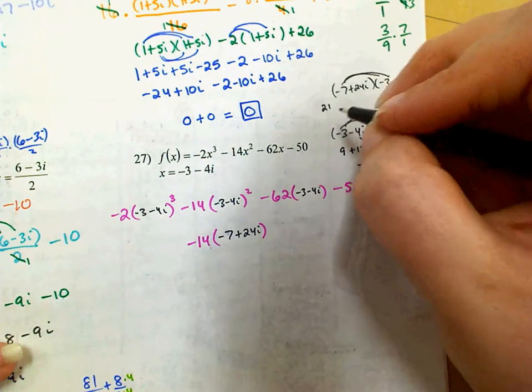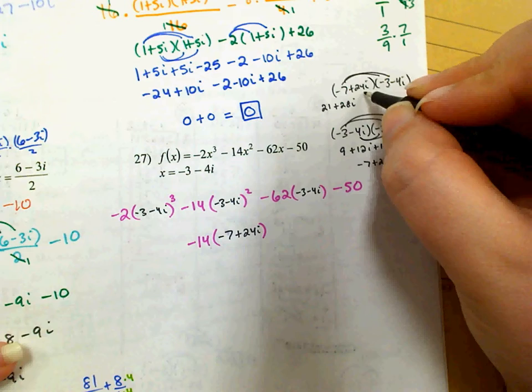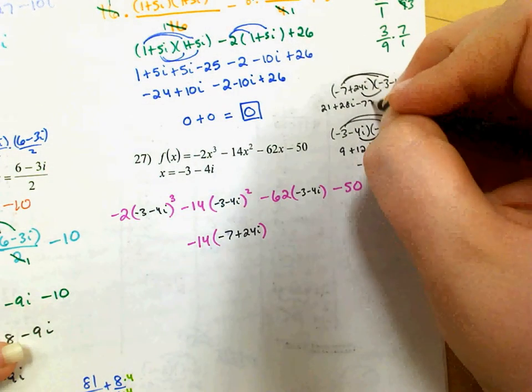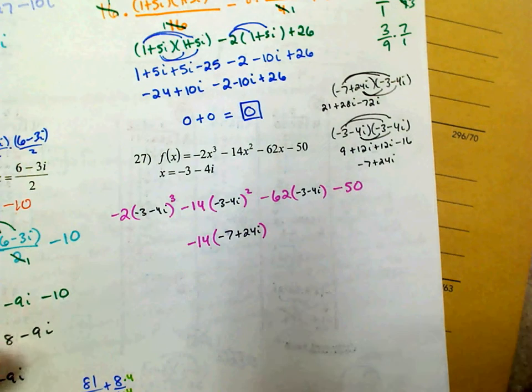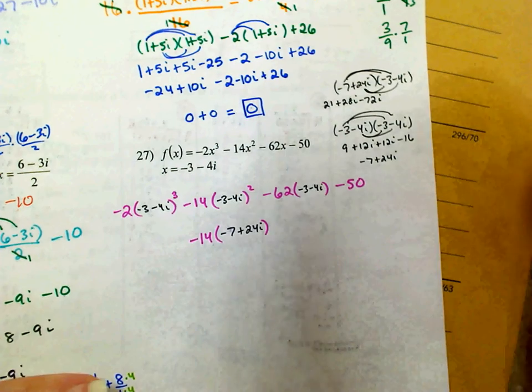And then I distribute the 24. 24i times negative 3 is negative 72i. And then 24i times negative 4i. So 24 times negative 4 is negative 96, so negative 96i squared, and a negative 96i squared is a positive 96.